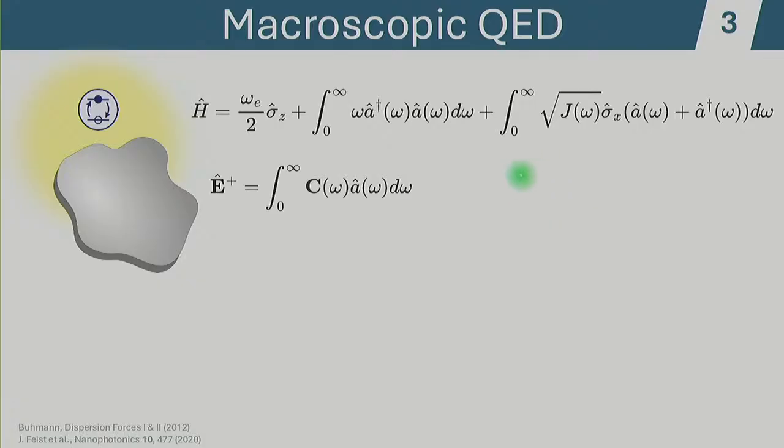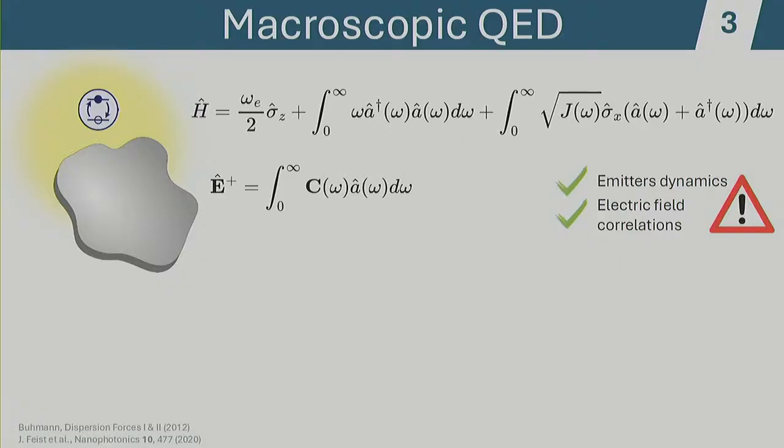The only difference is that now, instead of a single mode of the cavity, we have a photonic continuum, and all these modes of the photonic continuum interact with the quantum emitter. Then formally you basically solve your problem: you have access to emitter dynamics and electric field correlations. However, it's only a formal solution, in the sense that practically it's very difficult to treat the photonic continuum.